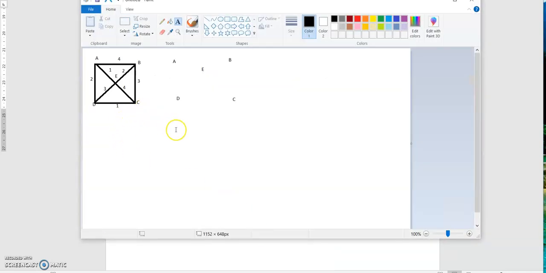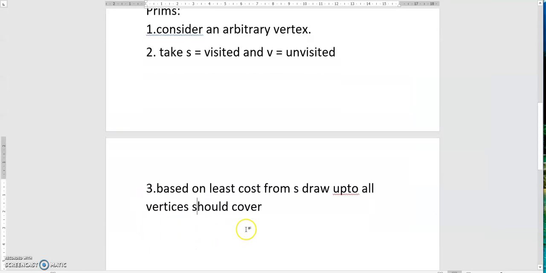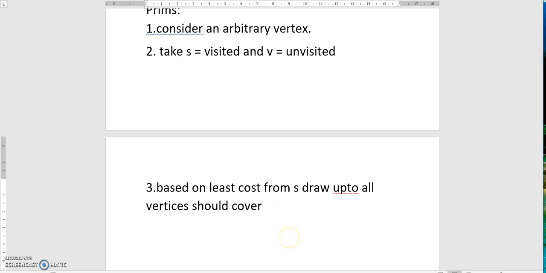Consider one arbitrary vertex. Here these are all the vertices: A, B, C, D, E. First we need to consider one arbitrary vertex which is the source.